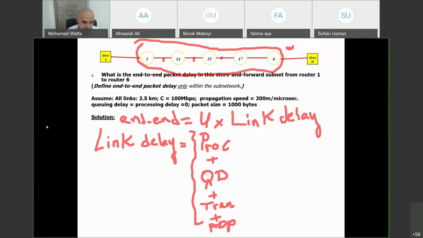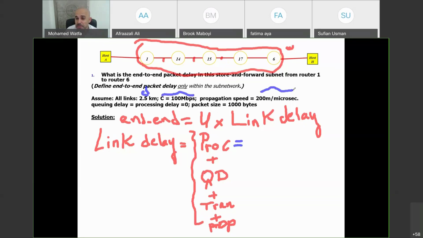Gonna change the color. Let's start with processing. Let's read the question. Assume all the links are 2.5 kilometers. So we have the distance here. This is my distance. The C, again, C is capacity, which is basically my throughput. It's 100 megabit per second.